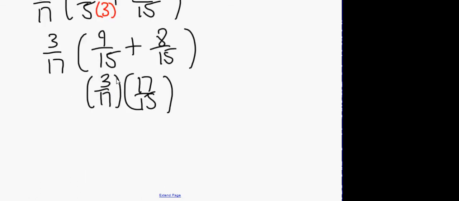And what do we get now, Orson? What will cancel? 3 and 15 cancel, and 17 and 17 cancel. And what's your answer? 1/5. Perfect, Orson. Well done.